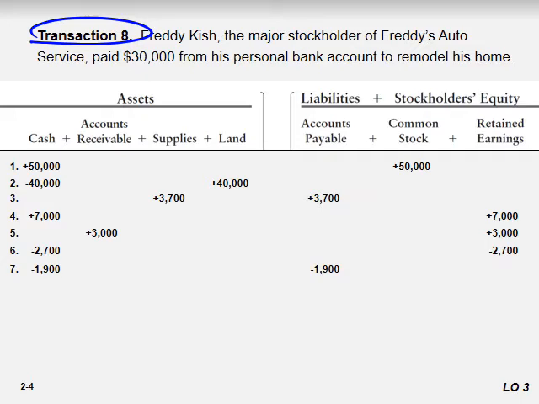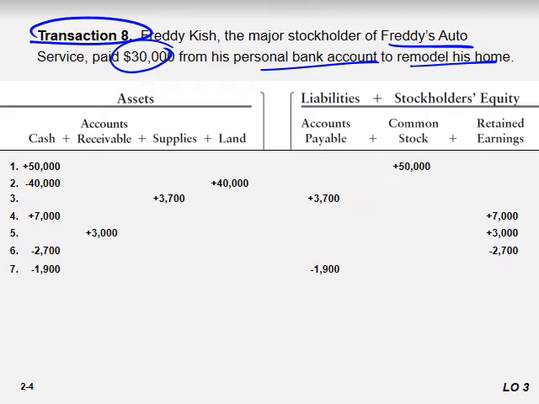The major stockholders of Friday's Auto Service paid 30,000 from their personal bank account to remodel this house. What does it mean? Does it have to do something with the business?